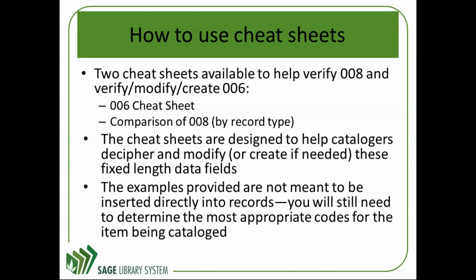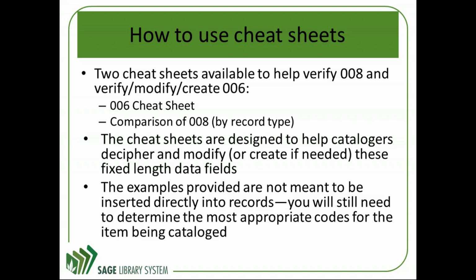And even though as you work through these 006s, chances are you're going to be creating or seeing 006s that look fairly similar, and most of them that you enter might look exactly like the examples that I've provided in these cheat sheets, I don't want you to assume that this is just a standard formula that you would use for a book that has an accompanying CD that's a non-musical sound recording.